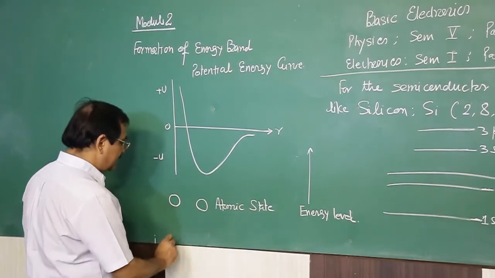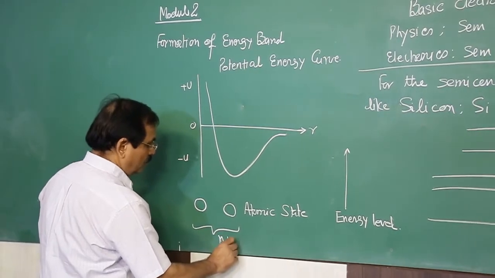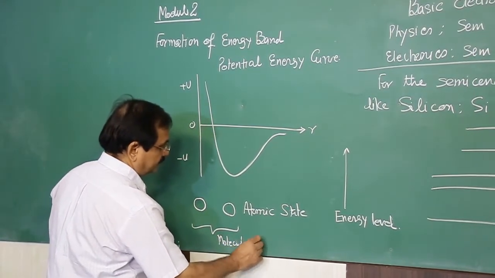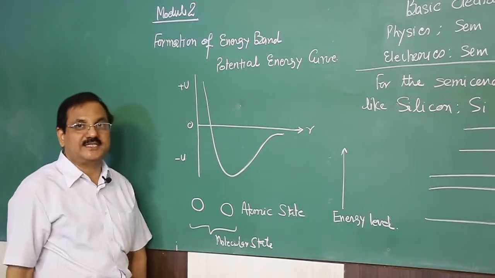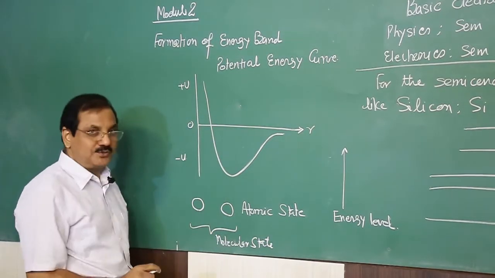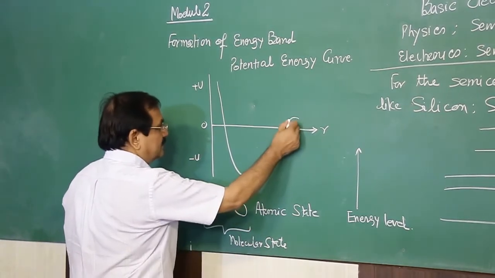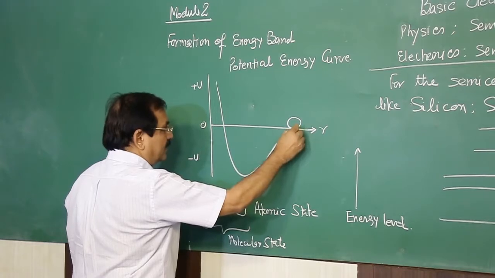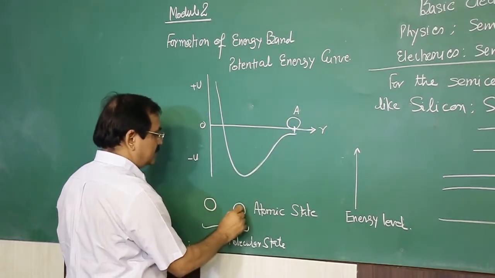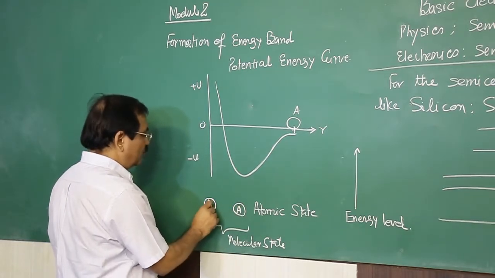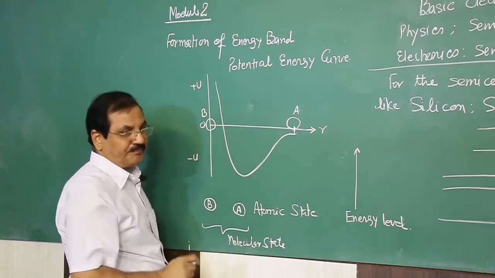This is the atomic state, and here is the formation, and then it is the molecular state. So, from atomic state to molecular state, this energy curve is used to explain. Suppose at this particular position, this is atom A, and here it is atom B. Atom B is kept at the origin.